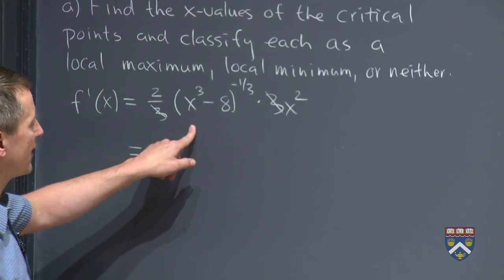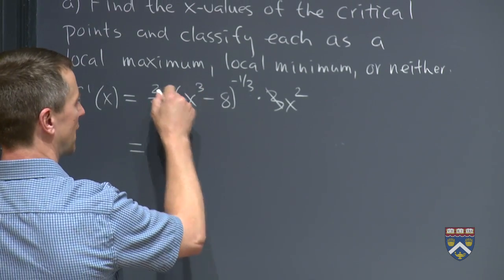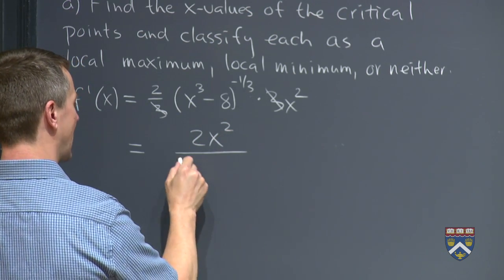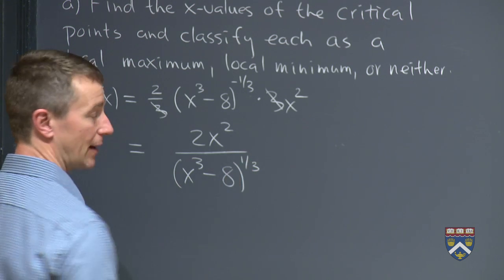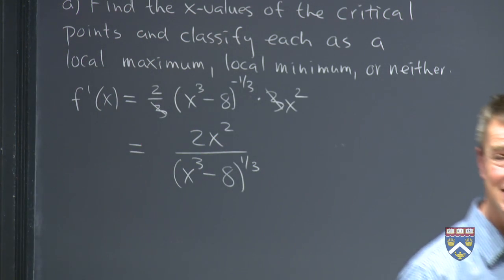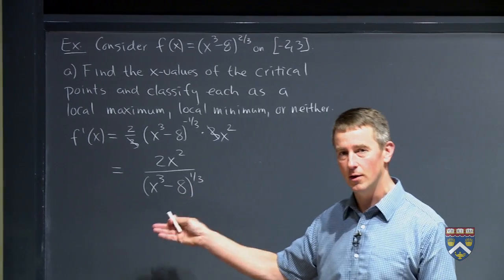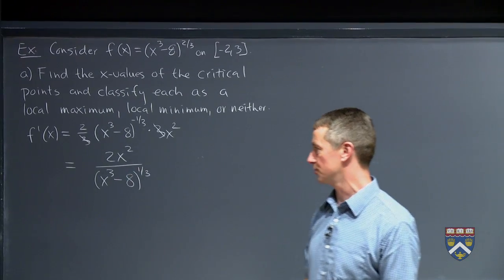What does it mean to have a negative exponent? It means the factor is on the bottom of the fraction. So I've got 2x squared on the top, and on the bottom I've got (x cubed minus 8) to the 1/3 power. So actually this is undefined because the denominator can be 0 when x cubed is 8, or when x is 2.